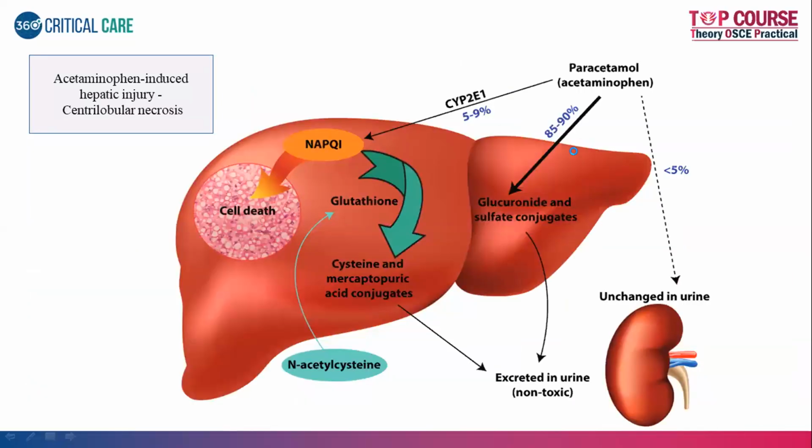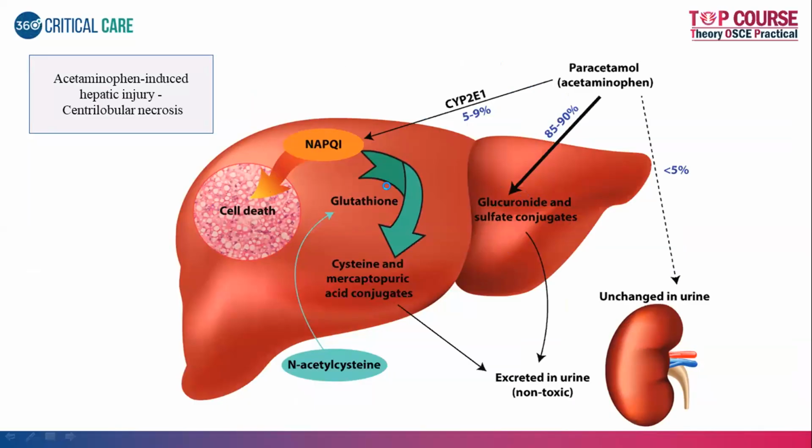Okay, so this is the one. If you want to make it a better answer in your exam, you can put this diagram and mention: paracetamol, 80 to 90% glucuronide and sulfate conjugates are formed. Around 5 to 10%, because of the cytochrome enzymes, is converted to NAPQI, which is usually toxic.